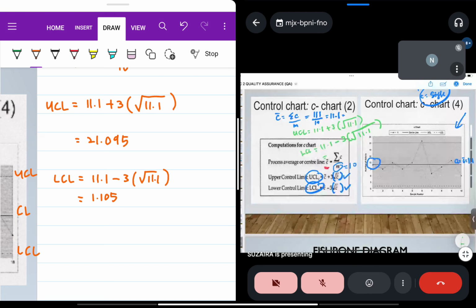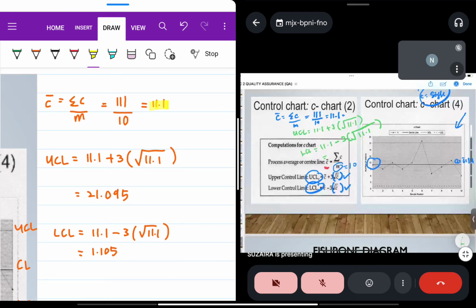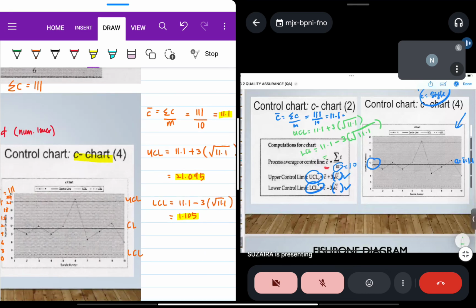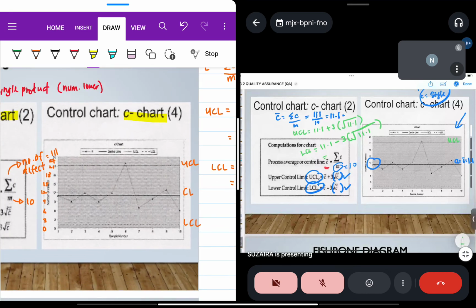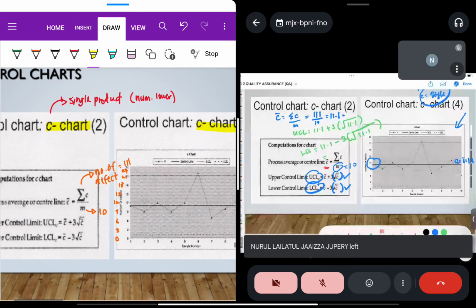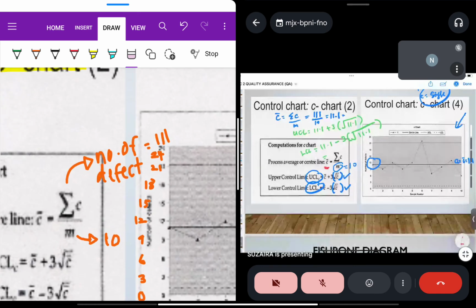All right, so the UCL here is equal to 21.09. If you observe here, it's a bit above 21.